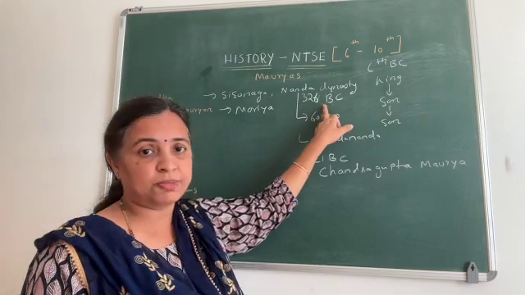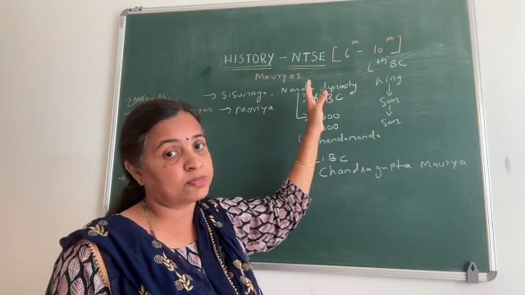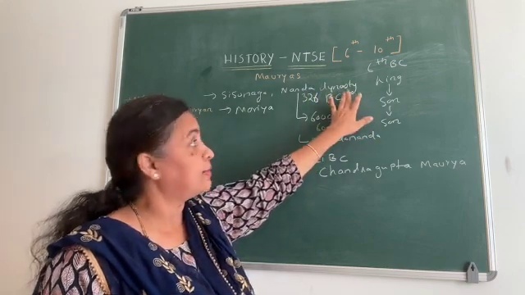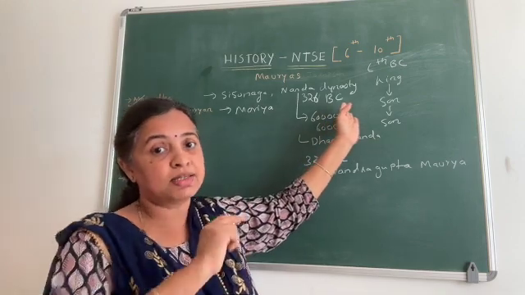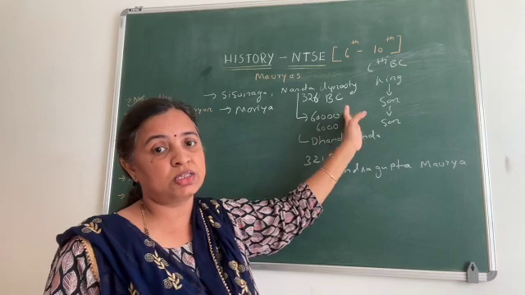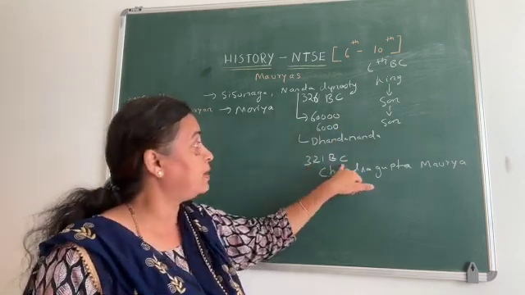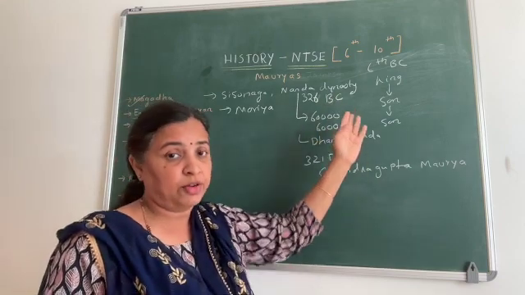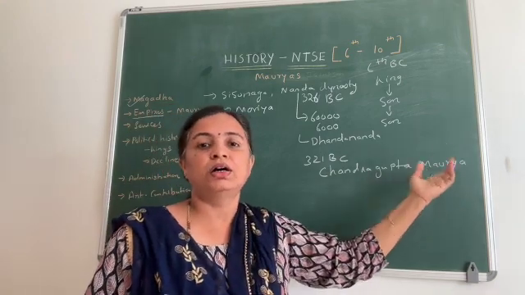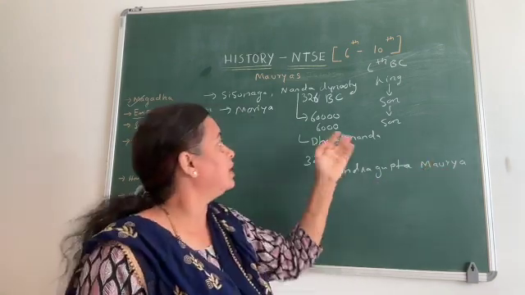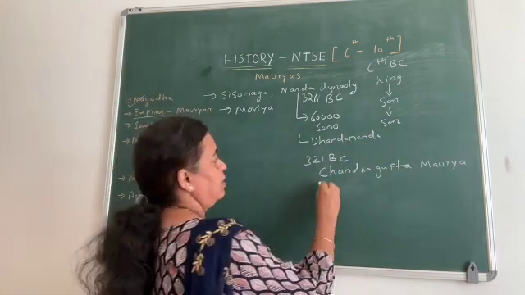In 326 BC, when Alexander was in the northwest part of the country, the Nanda dynasty was quite powerful, because Alexander's army has written that there were 60,000 horses and 6,000 elephants. But in 321 BC, just 5 years after that, Chandragupta Maurya killed Dhanananda, and he established the Mauryan dynasty.